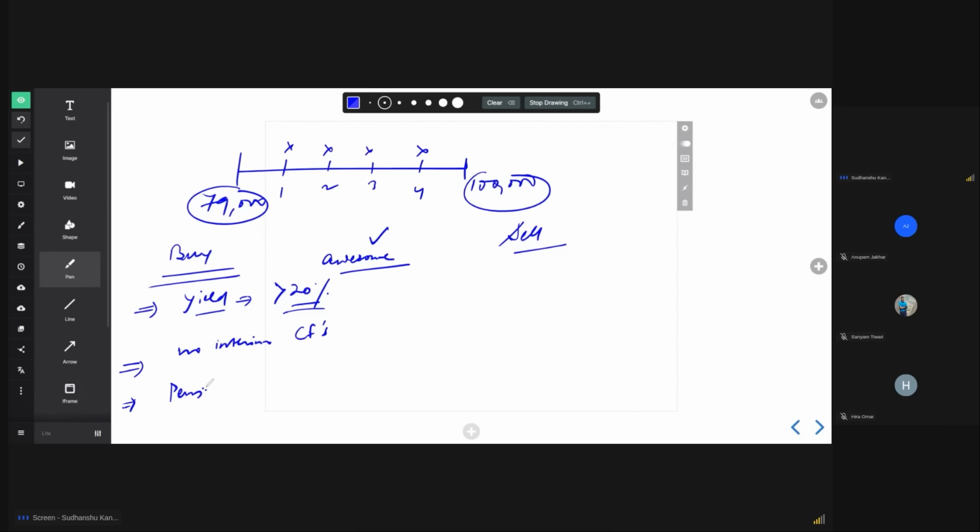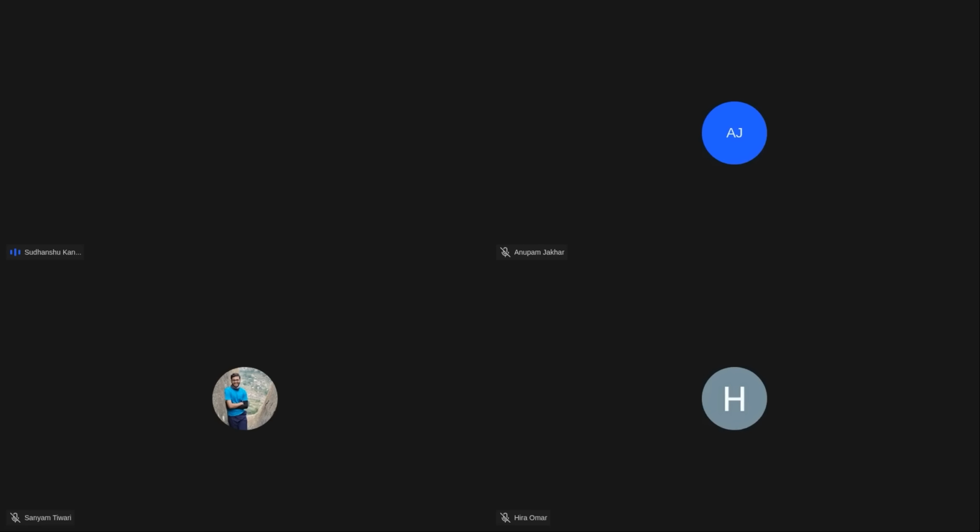Why pension? Come on, what is happening here? Let me just give me a second. I think Pratik is also using it. Let me ask him. Is he also using this page? But two users might be creating a problem. So let me ask him.